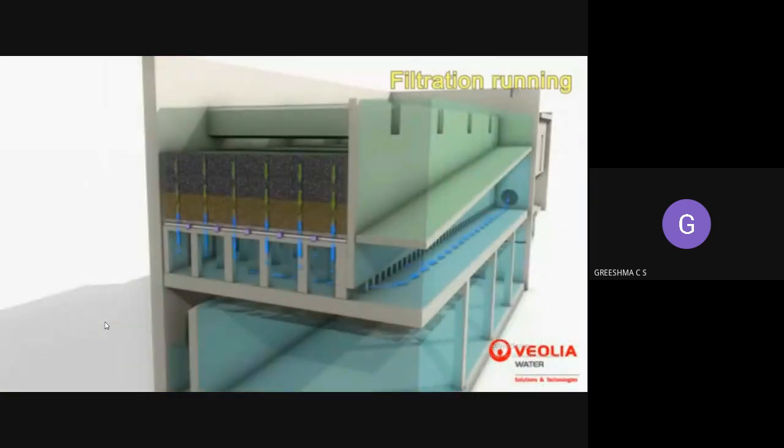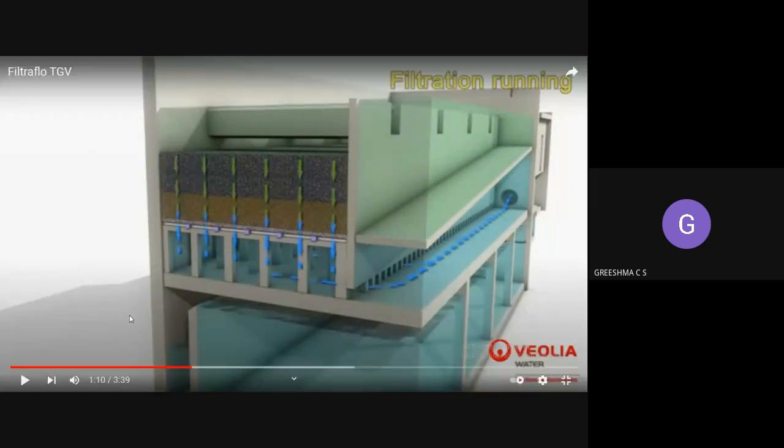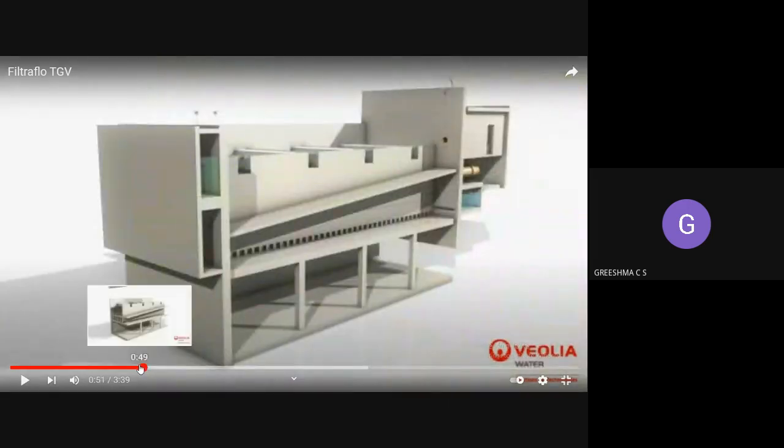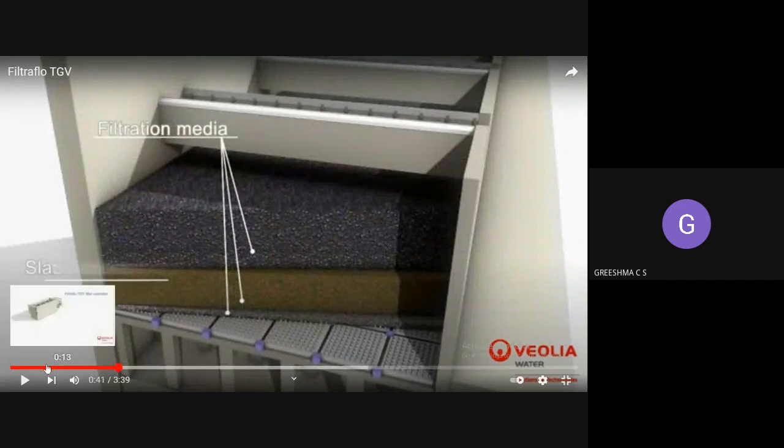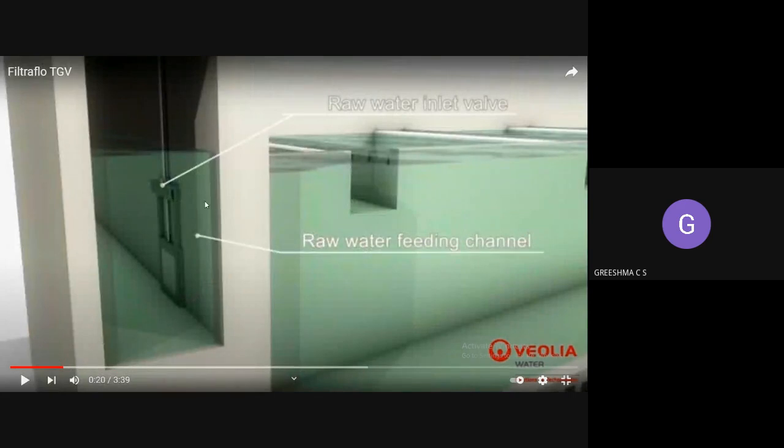See, this is what is happening here. So this is the inlet chamber, and water is let in through the inlet chamber, entering the filter media.